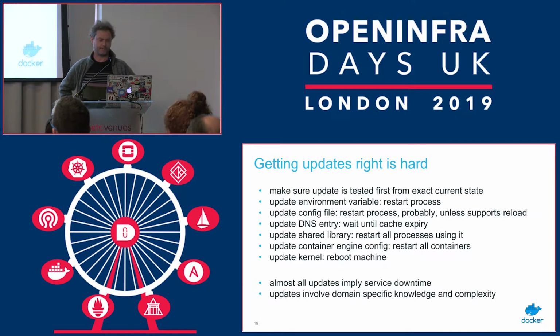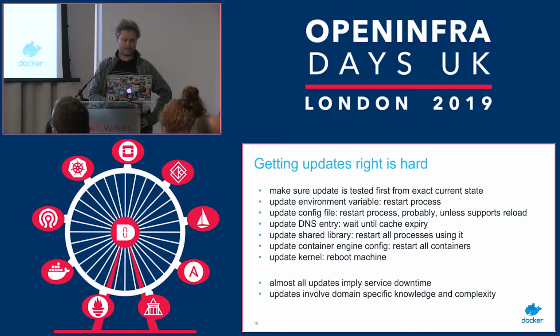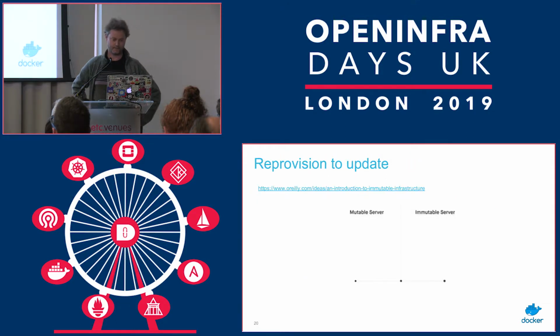If it's a kernel update, you still have to reboot the machine, unless you're doing live kernel patching. If you update a config file, maybe it supports hot reload, or maybe it doesn't. You have to know information about the service. It's very complicated and non-standard, and updates generally involve some service downtime and some domain-specific knowledge, which is one of the reasons why this immutable paradigm helps.